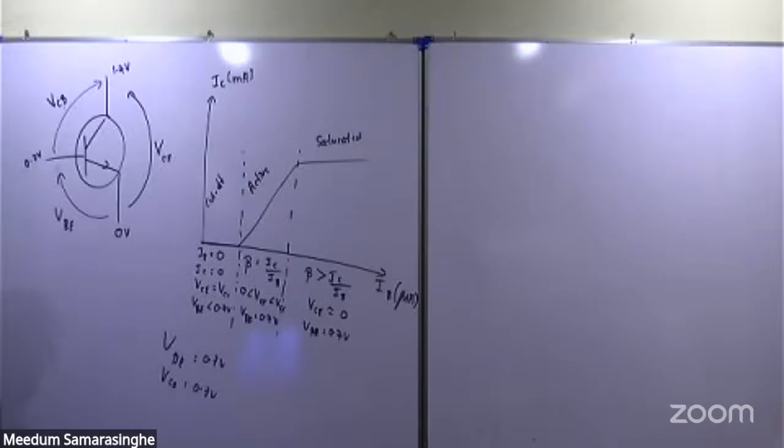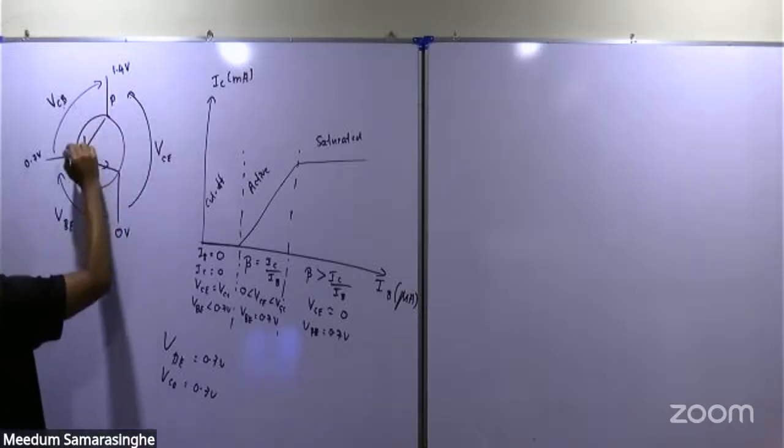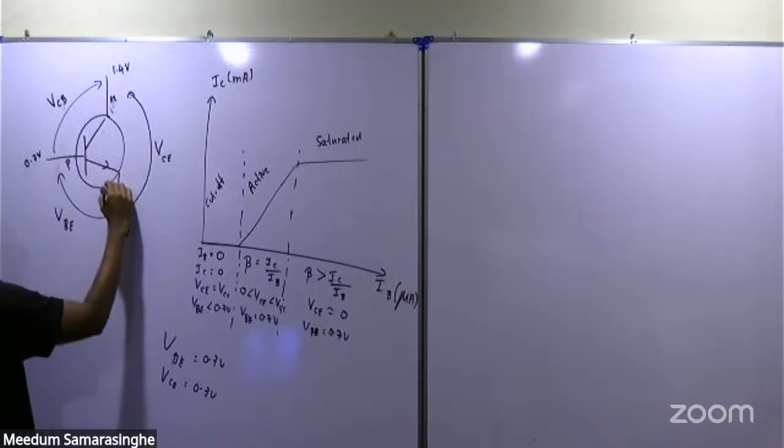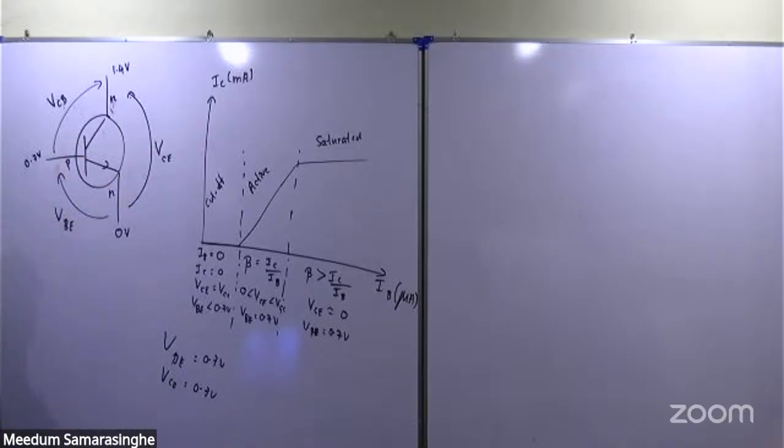1.4 volts. Okay. This is an NPN transistor.